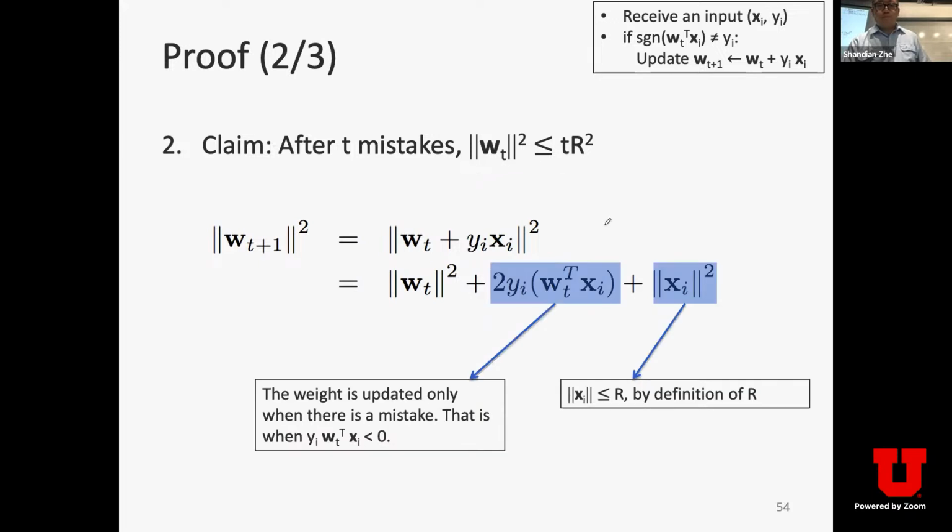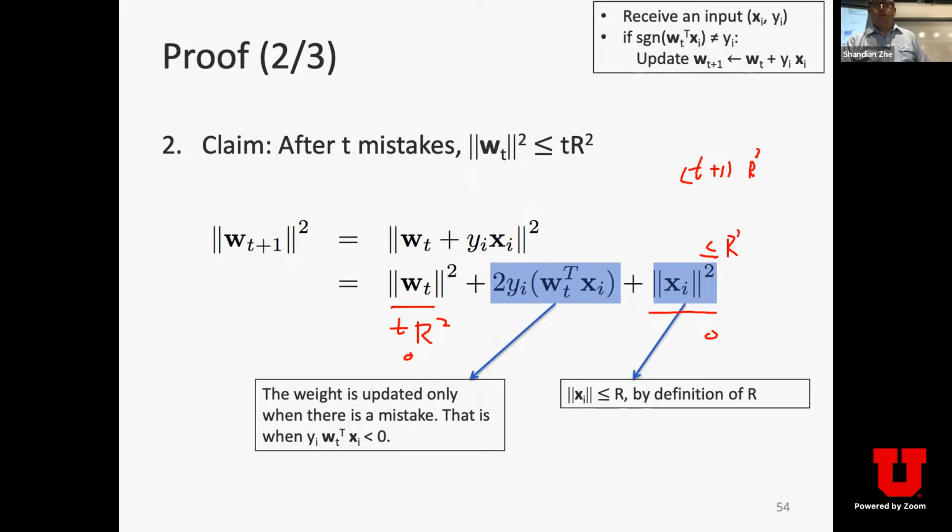So first, according to our first precondition, we know that the square norm of XI is less than or equal to R. Second, for this one, according to the induction assumption, this guy will be less than or equal to T R squared. So adding this one and this one, we have already got T plus 1 times R squared.